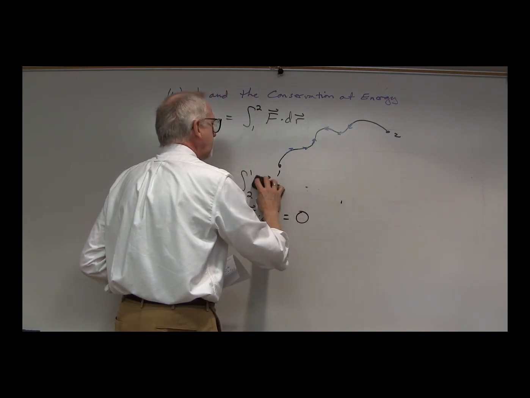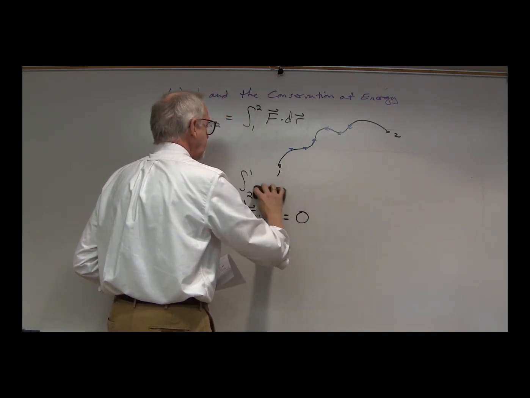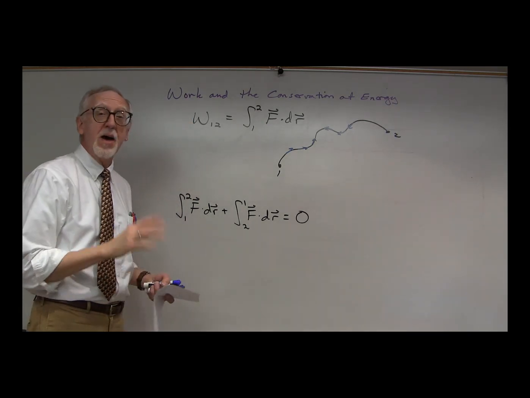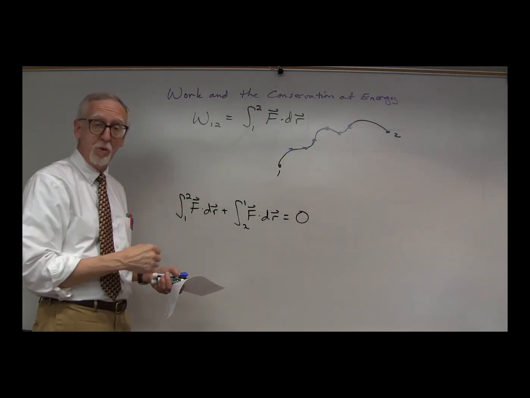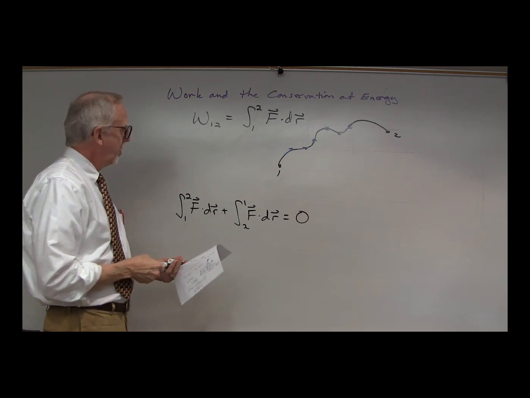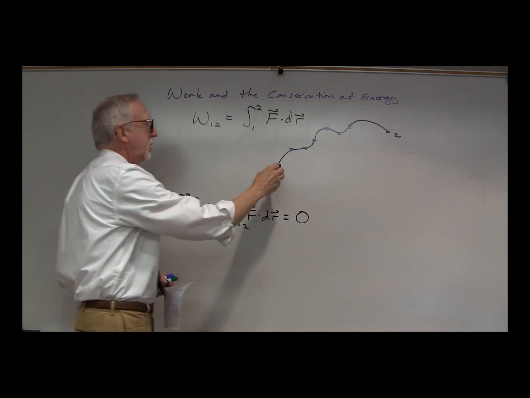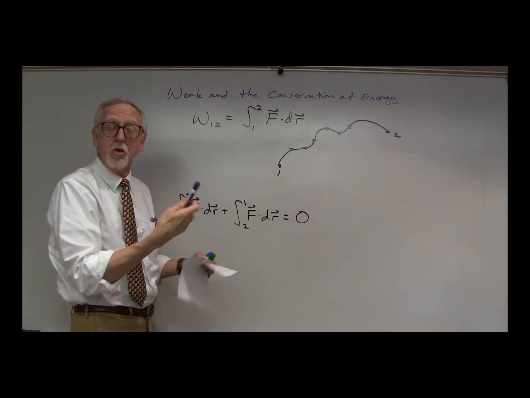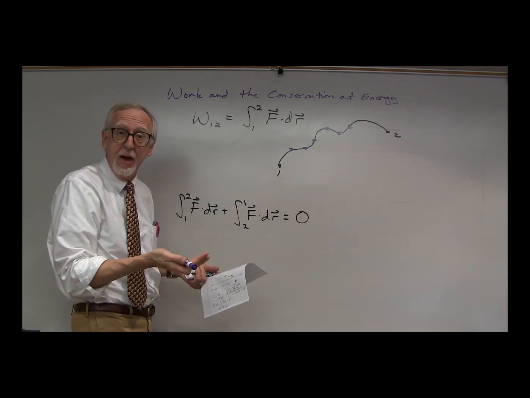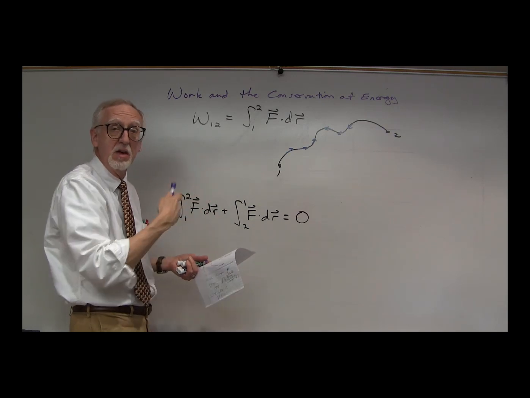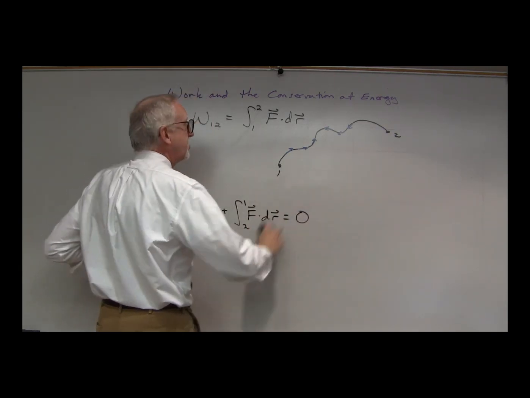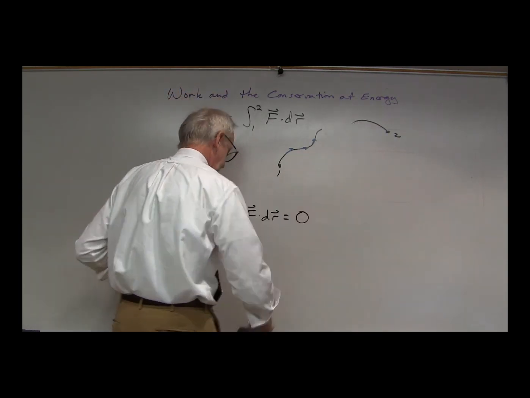Let me get rid of this middle part in here. What is this telling us? Remember, it doesn't matter the path that we take from point 1 to point 2. So if we integrate from 1 to 2 along some path, and then we go from 2 to 1 along some path, but we could choose a different path because the path doesn't matter, it's only the beginning and end point. So to go from 2 to 1, let me change, I don't want us to think that we're going in that direction.